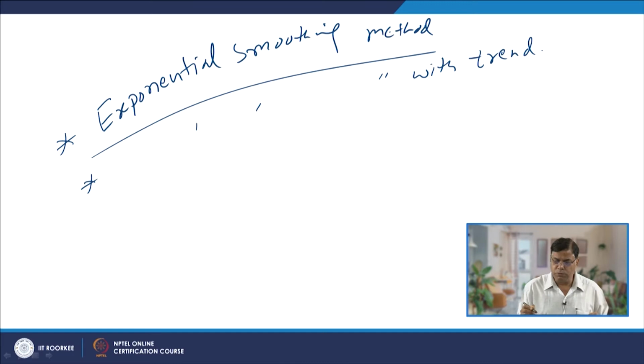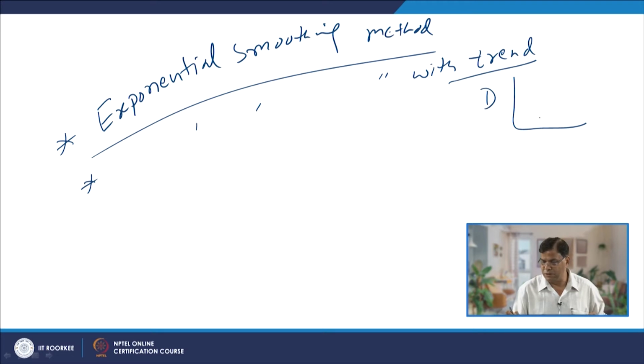So, how to forecast when the trend component is present, which indicates as a function of time how the demand is increasing or decreasing or remains constant.